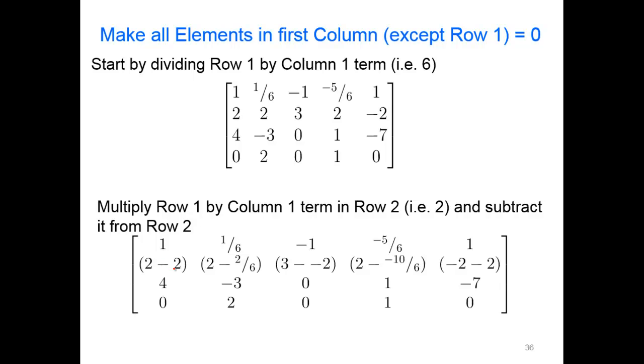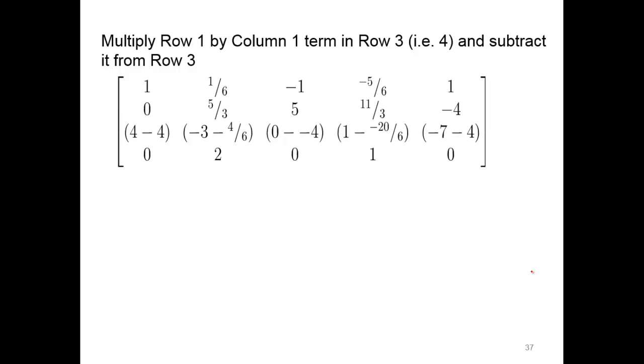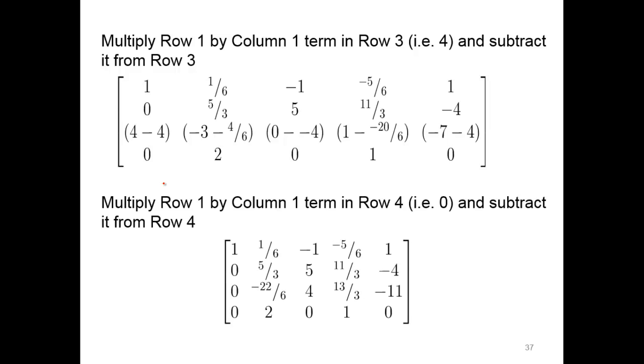So now we get 2 minus 2, 2 minus 2/6, 3 minus -2, 2 minus -10/6, minus 2, -2 minus 2. Those are the results. Then we also multiply row 1 by the column 1 term in row 3, which is 4. Again, we multiply this first row by 4 and subtract from this row, and those are the results there.